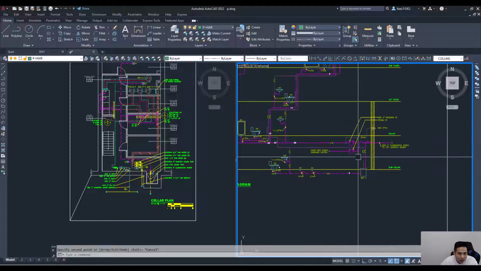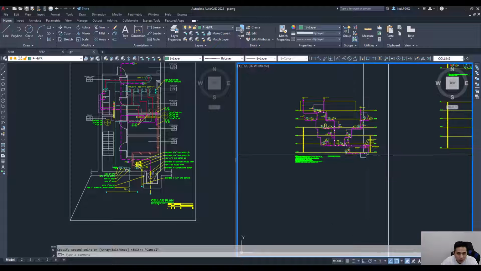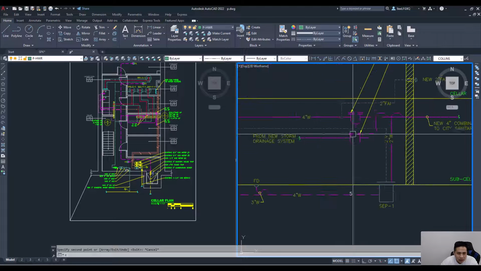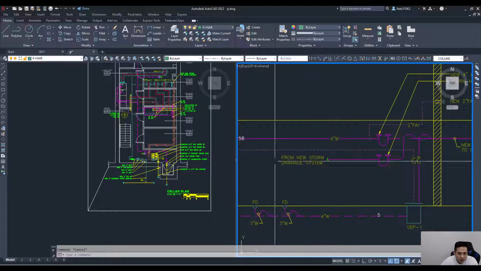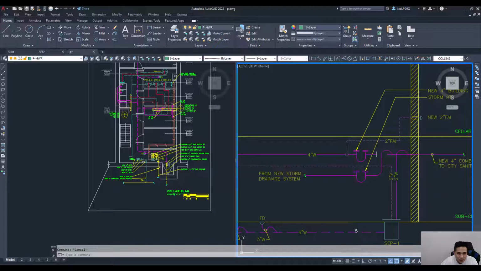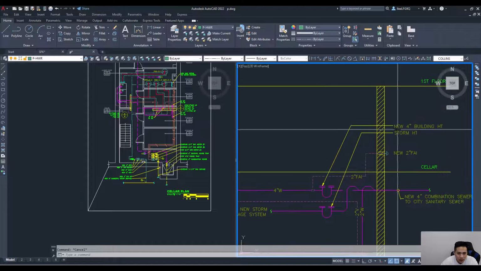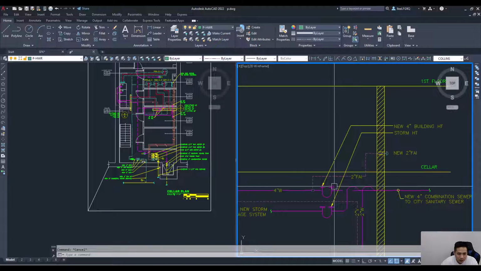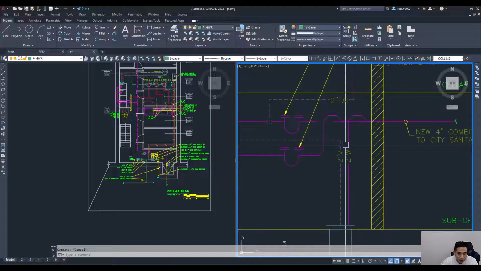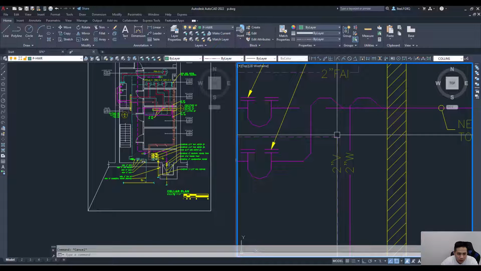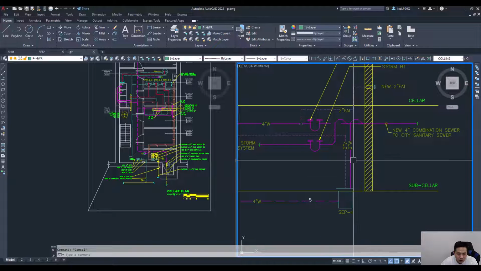And I'm going to start with the cellar floor. So for the cellar, we need a house trap. So I'll also copy this storm drainage system along with the building house trap here and this line. We don't have a pump, so I'm going to omit everything coming out of the pump, including the vent and the discharge.